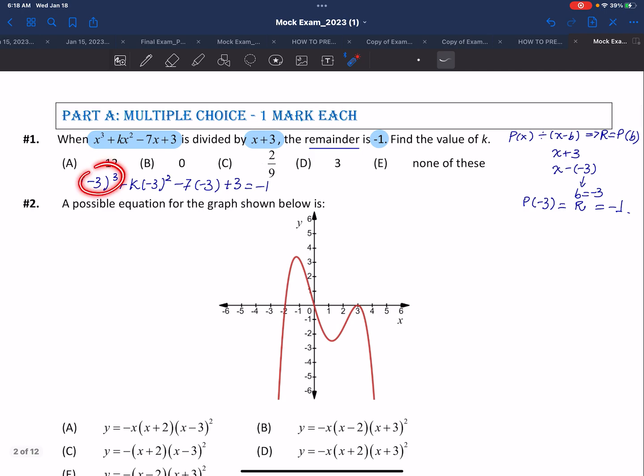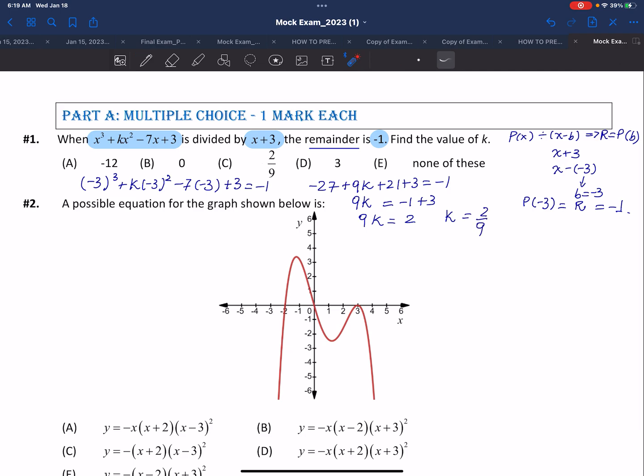Negative 3 cubed is negative 27, plus 9k, plus 21, plus 3 equals negative 1. Simplify the numerical terms. So we have negative 27 plus 24, negative 3. So take it to the other side, positive 3. So 9k equals positive 2, which makes k equal to 2 over 9.